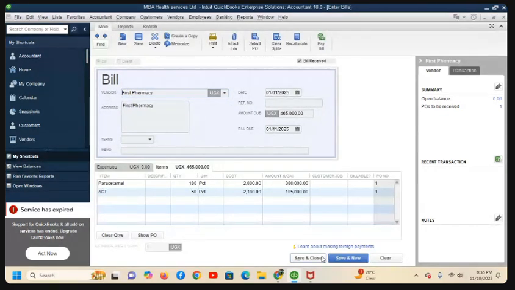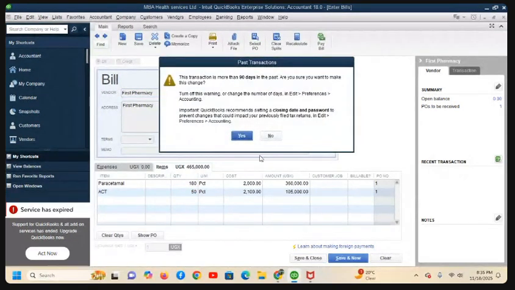Remember, when I entered it as an order, the system does not capture it anywhere. It becomes non-financial. But the moment I receive, I acknowledge this bill in the books of accounts, and immediately the system will create what we call accounts payable.